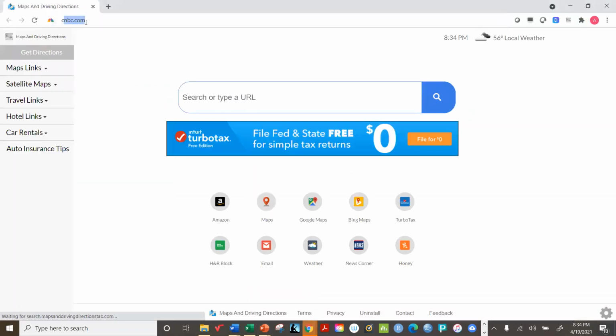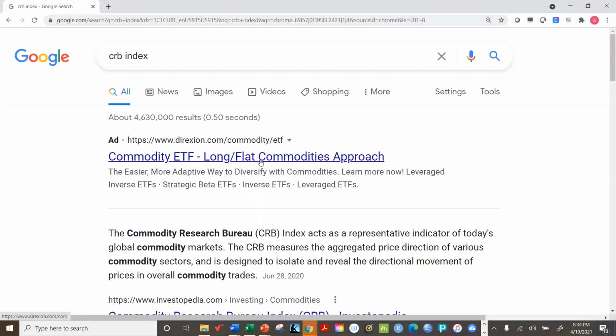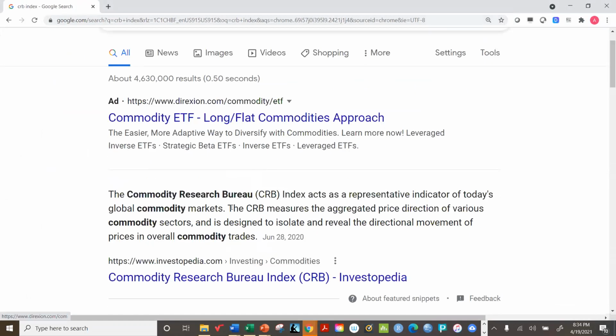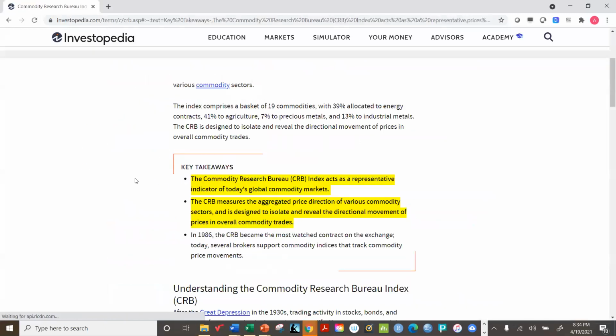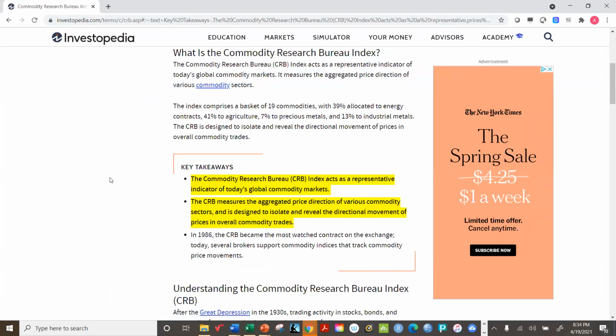So in fact, why don't we take a quick peek at it just to get a little more background. All right, there it is. The Commodities Research Bureau Index acts as a representative indicator of today's global commodity markets. It measures the price direction of various commodity sectors.